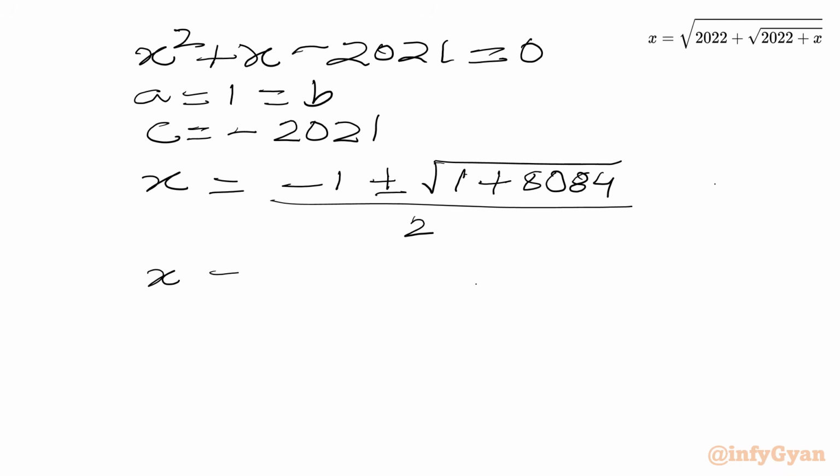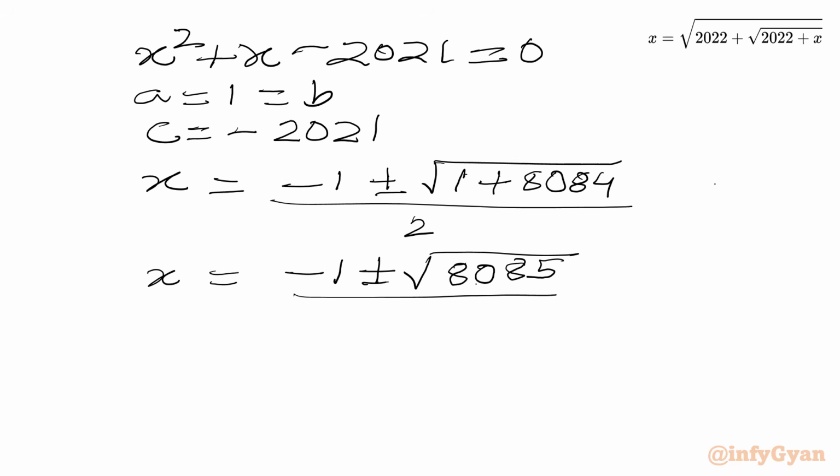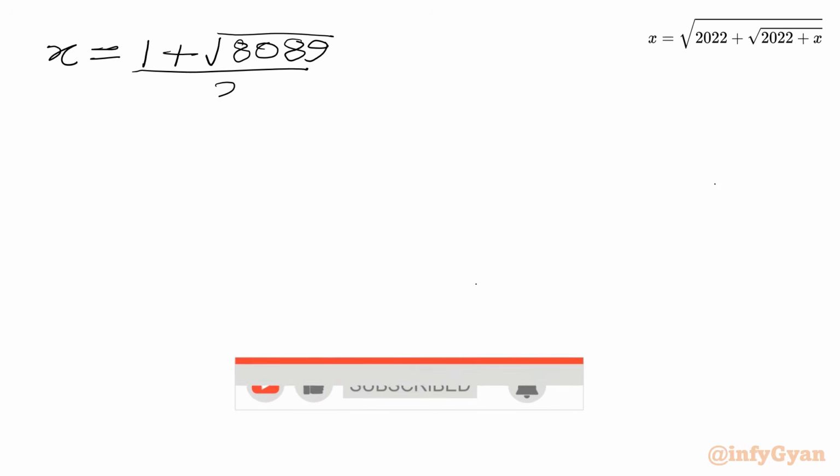So we can write x will be equal to minus 1 plus minus square root 8085 over 2. So we have 4 real solutions in total. Let me write all the 4 solutions over here. 1 plus square root 8089 over 2.